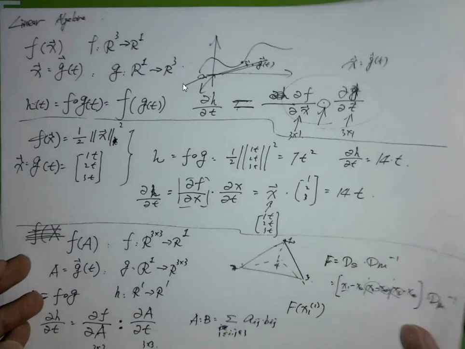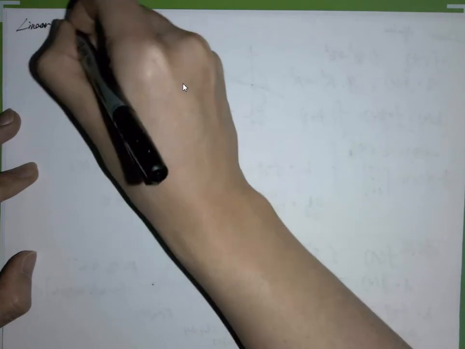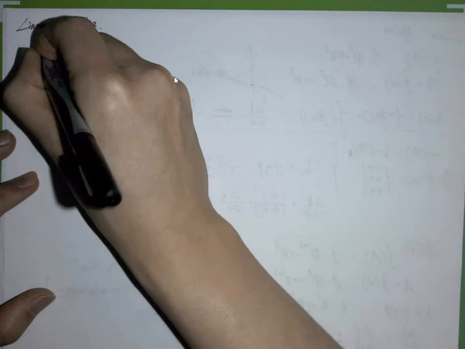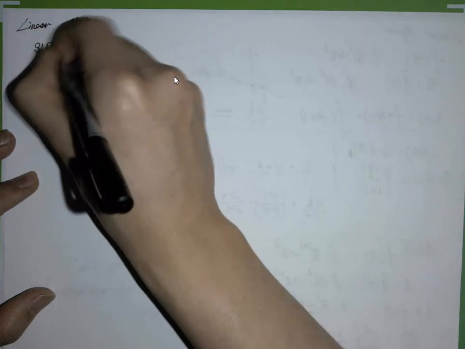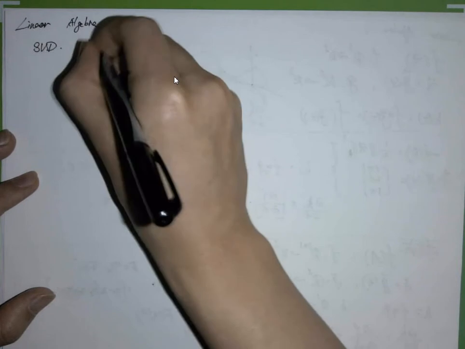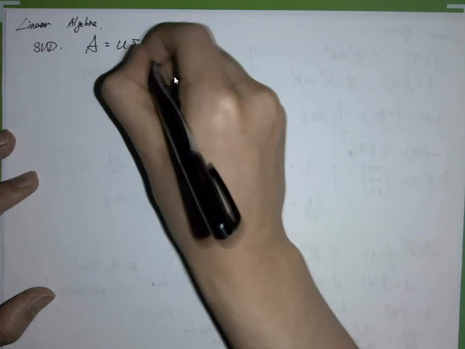Okay. The second part of linear algebra that I want to cover is something that was missing in the last class, because in the last class I mentioned a lot of stuff about singular value decomposition, which decomposes A equals to U sigma V transpose.